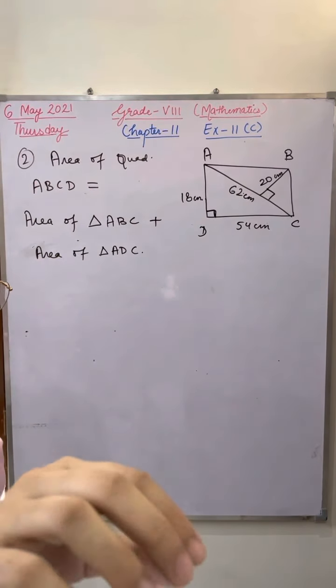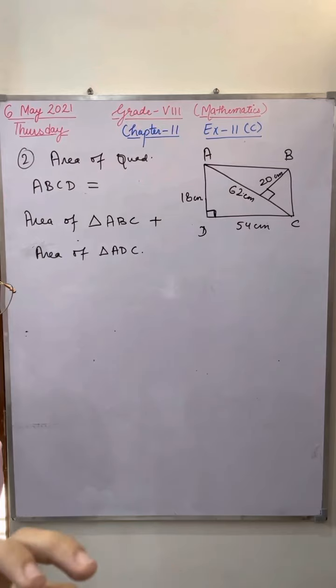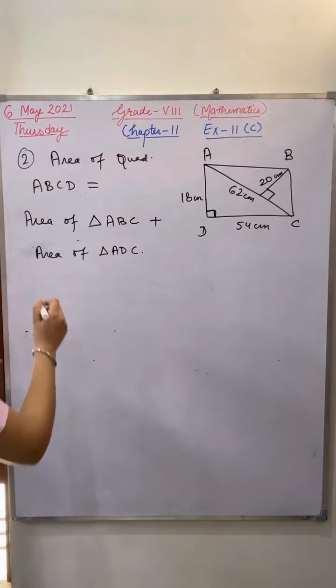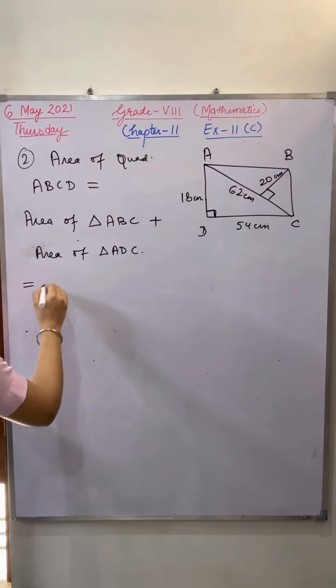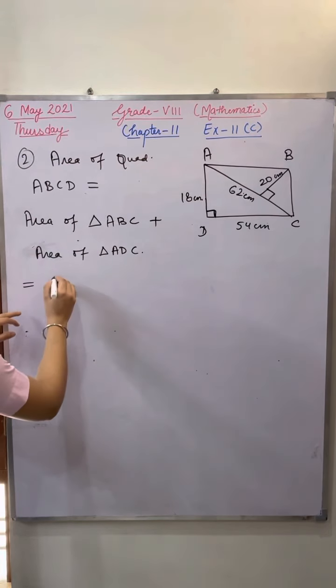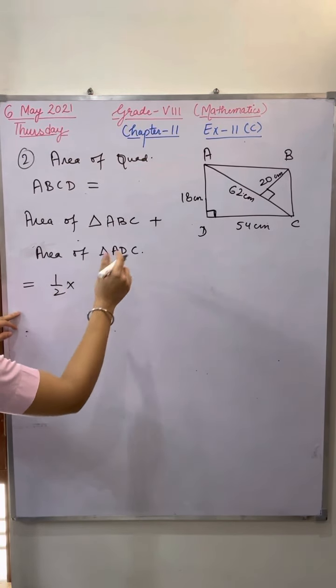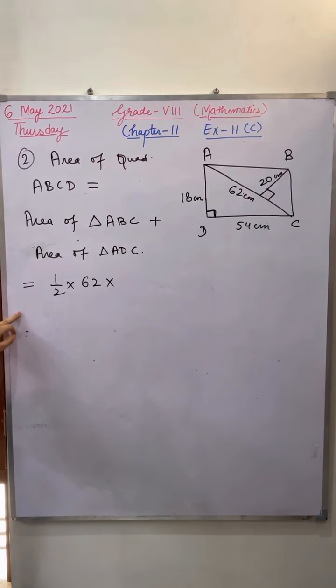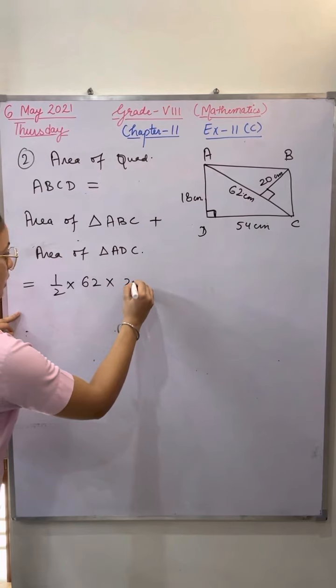Good morning. Avika, in this triangle ABC, what will be my base and height? The formula of this triangle is half into base into height. What is the base? 62 centimeter. Okay, and what is the height? 20 centimeter. Okay, very good.